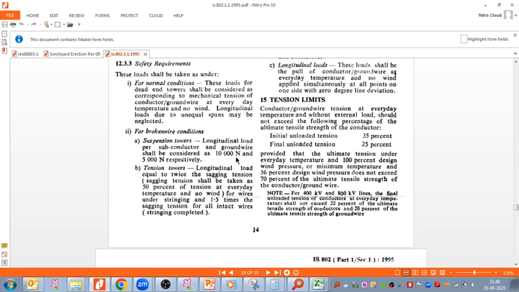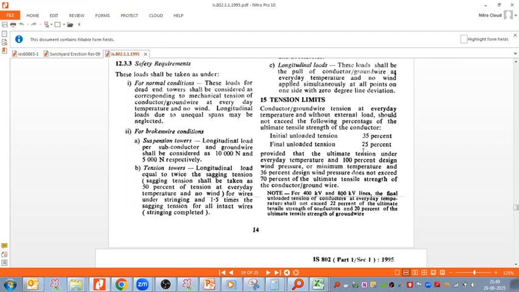Here the condition is given. The conductor and ground wire tension at everyday temperature and without external load should not exceed the following percentage of the ultimate tensile strength of the conductor: initial unloaded tension 35%, final unloaded tension 25%.